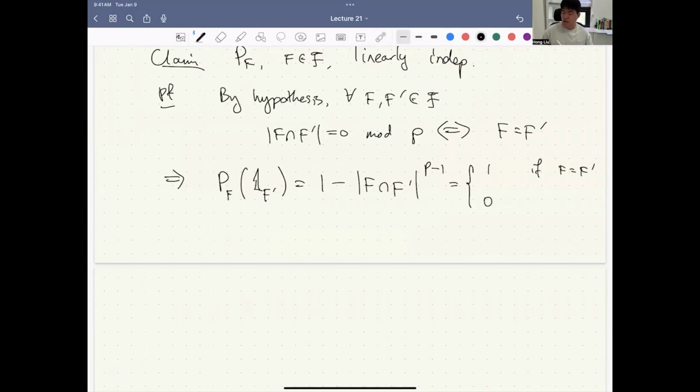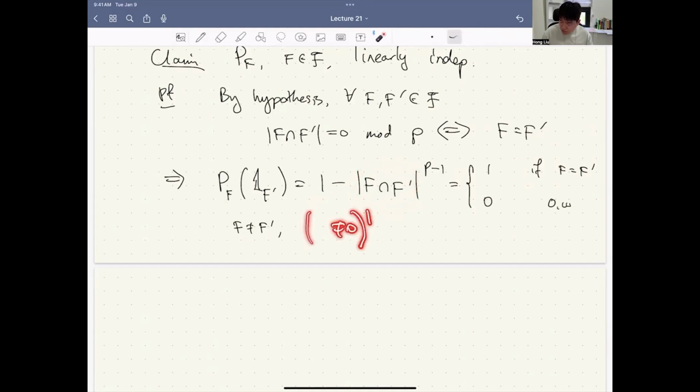So let's first look at f equal to f prime. If f equals f prime, mod p, everything is done mod p, this becomes 0. Okay, so you just have 1. If f not equal to f prime, then this is non-zero.